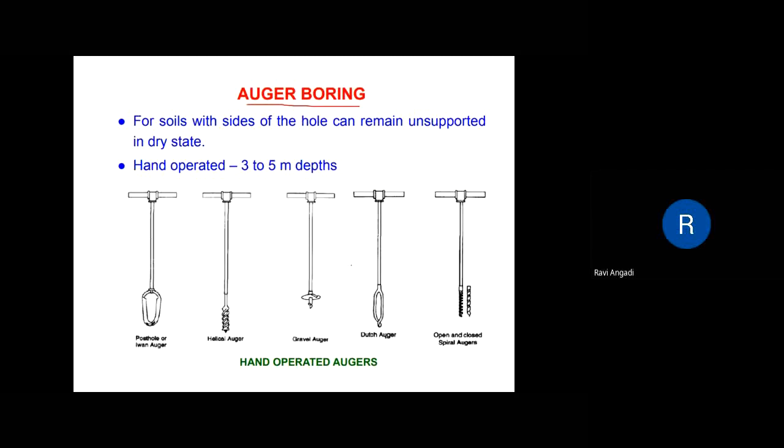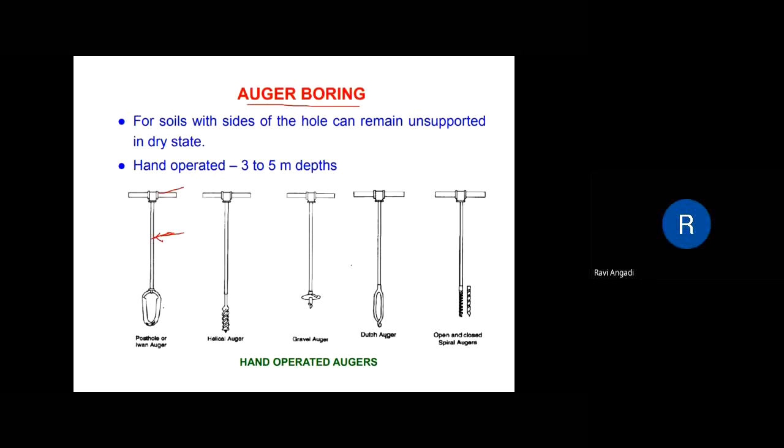It consists of a shank, this middle part, with a cross wire, a crosswise handle for turning, and a central tapered feeder screw.